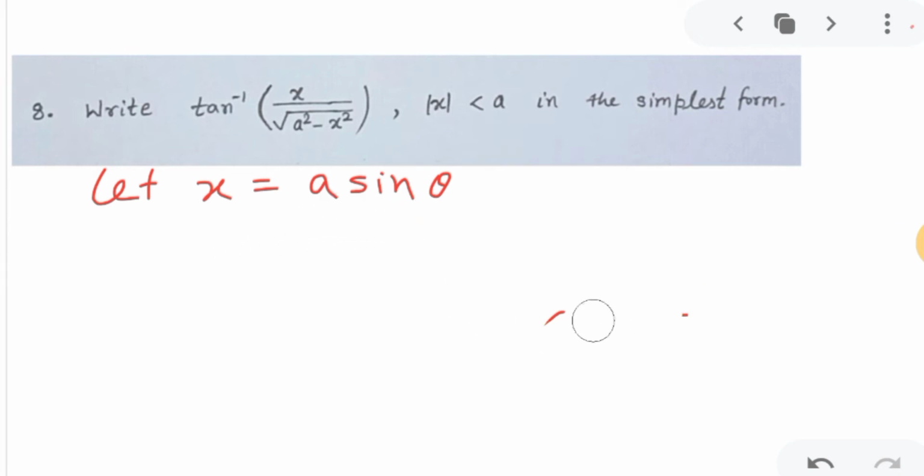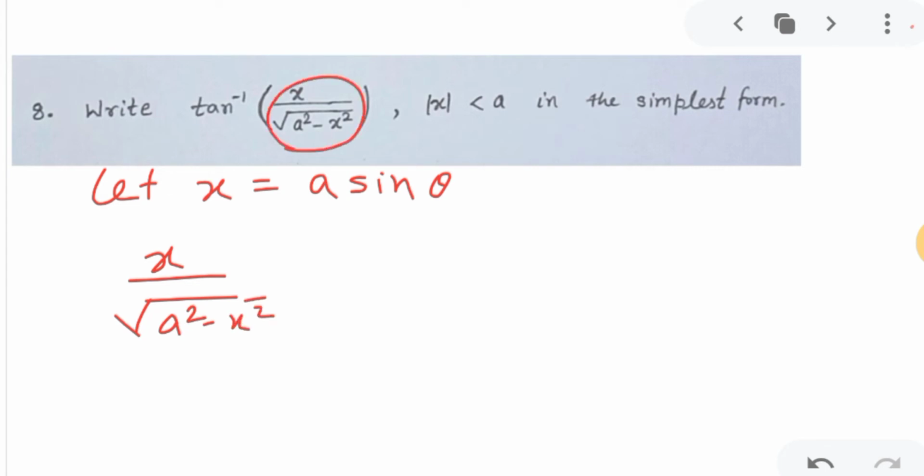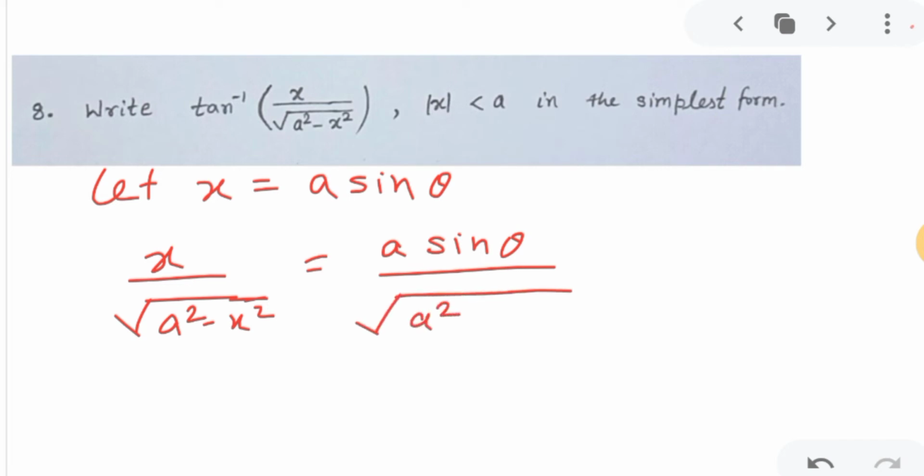So first I am checking this x divided by square root of a square minus x square, the inside term of tan inverse, correct? So this we have to simplify. I can write this as a sin theta over square root of a square minus x square, and x is a sin theta, so x square will be a square sin square theta, correct?